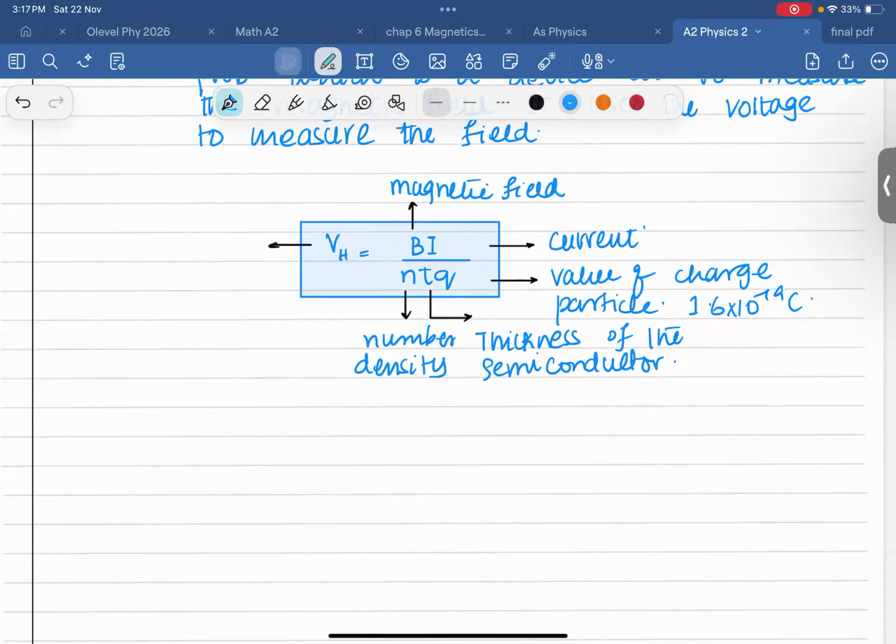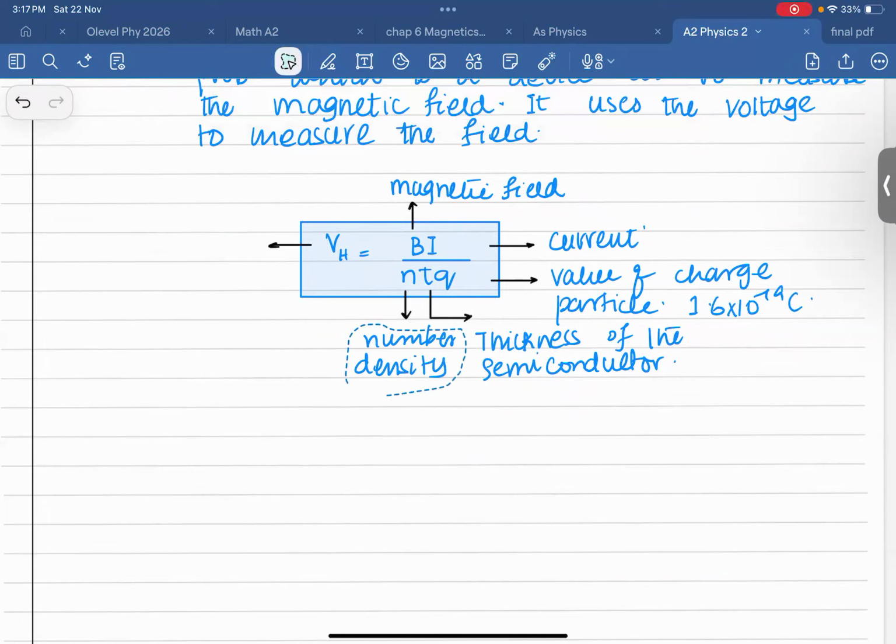So these are the things that we have in the formula.